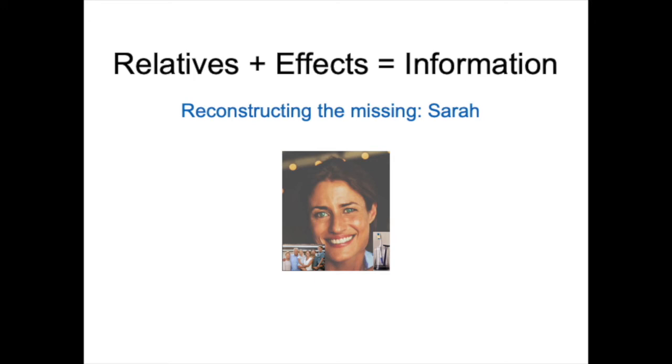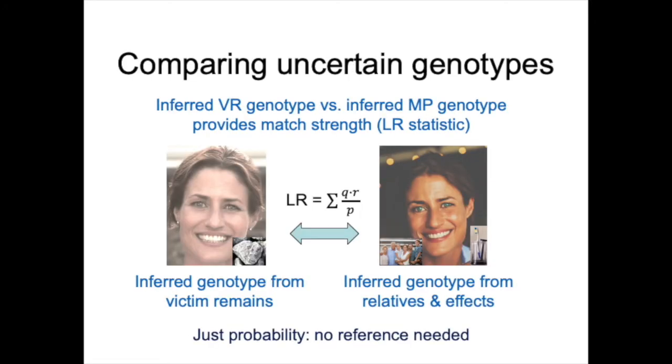So this is a picture of her genotype from this type of information. Once we've reconstructed and inferred these uncertain genotypes, we have inferred victim remains genotypes, shown on the left with the victim remain in the picture, and we have an inferred missing person's genotype. Here we see what we've reconstructed with Sarah from her family and her personal effects.